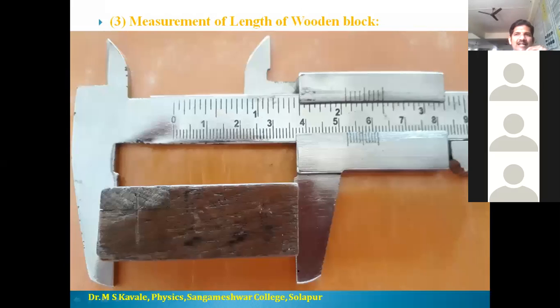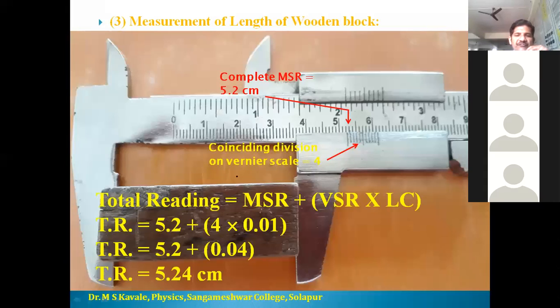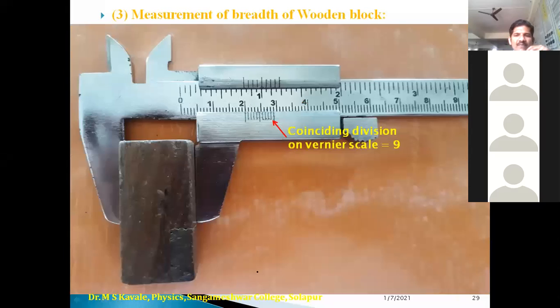Next, length of wooden block. Here, the value of main scale is 5.2 centimeter, and coinciding Vernier division is 4. Therefore, 5.24 is the total reading, that is the length of wooden block. Now, measurement of breadth of wooden block.